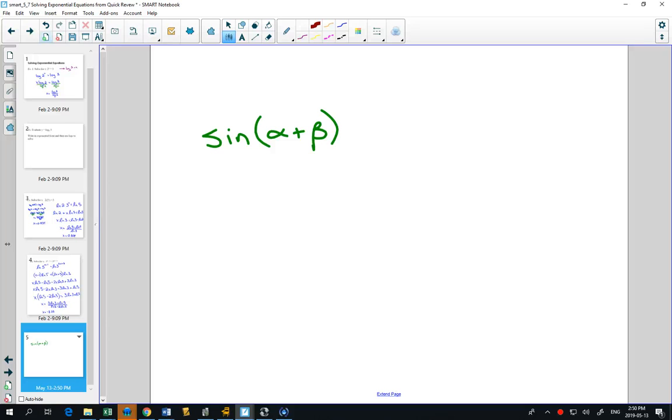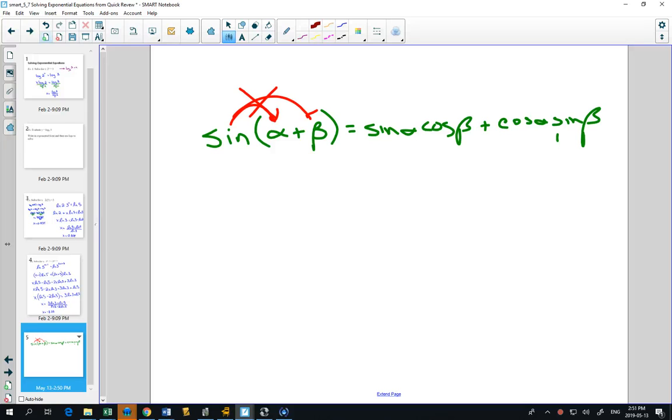Can I distribute the sine? No. We have a formula, right? You know that this is sine alpha cos beta plus cos alpha sine beta. But I can't just go sine alpha plus sine beta. That's wrong, because sine isn't a number. Sine is a function. So functions are something you're not allowed to distribute.